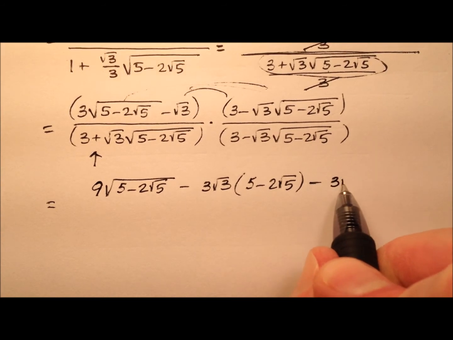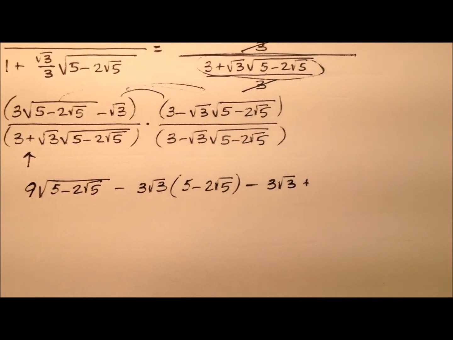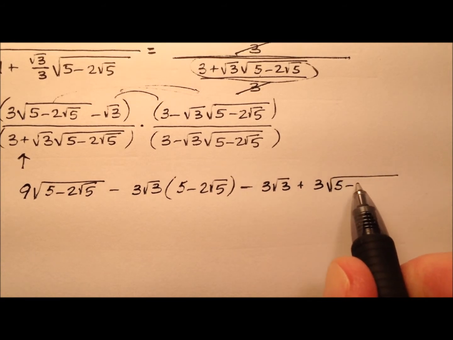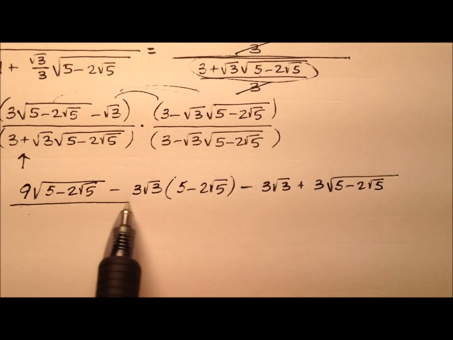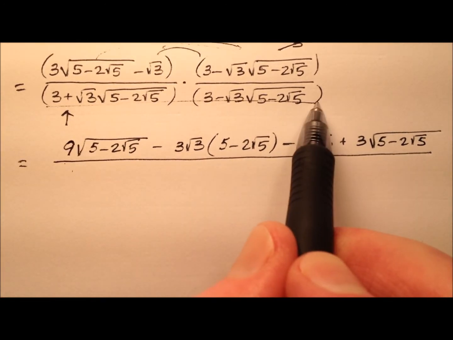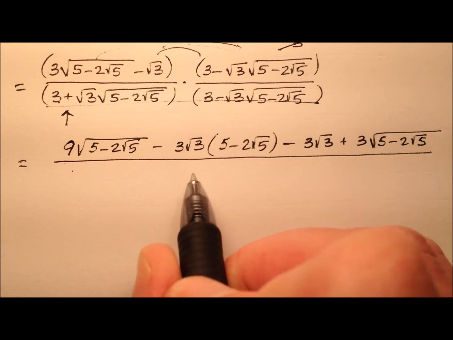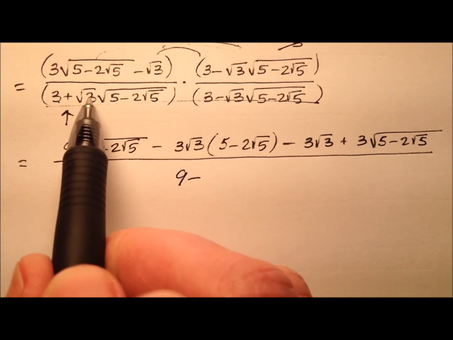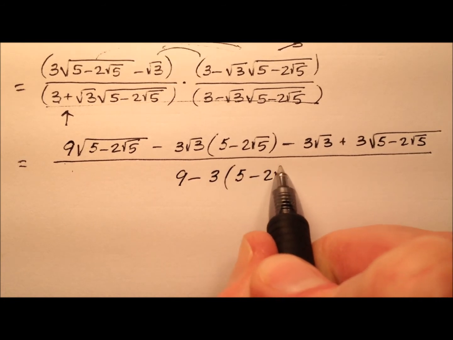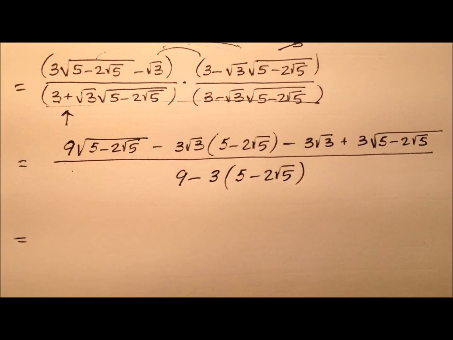So minus 3 radical 3, and then plus 3 times, and then of course this radical expression. And our denominator is going to be this difference of squares factorization. We'll multiply it out. So we'll square the first one for 9, and then minus, and then square this second one as well. All right, so that's what we have.